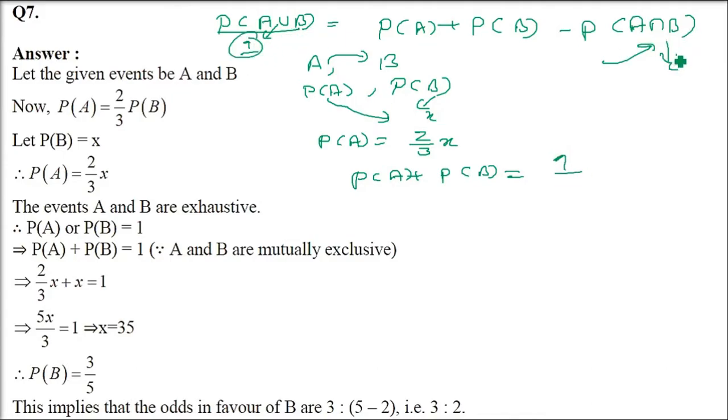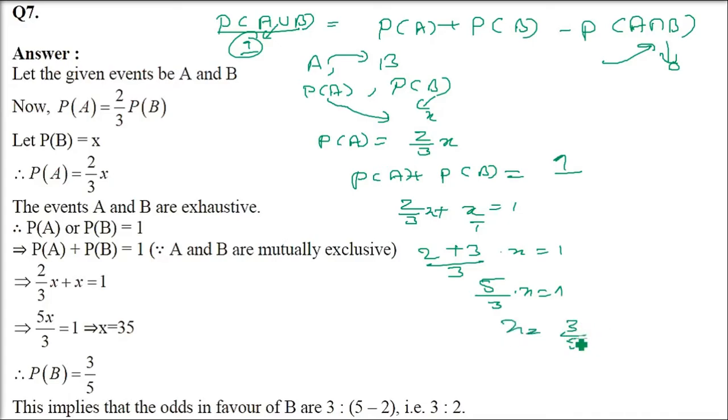In place of PA, put 2 by 3 x, and PB you have taken as x. So you can find the value of x: 2 plus 3 by 3, that is 5 by 3 x equals 1. So x will be 3 by 5.